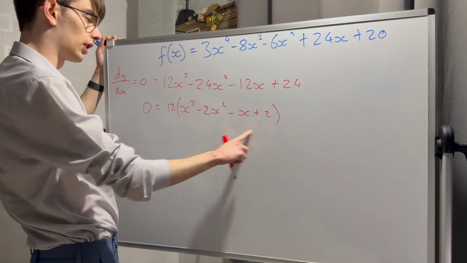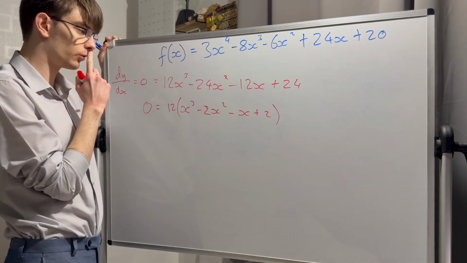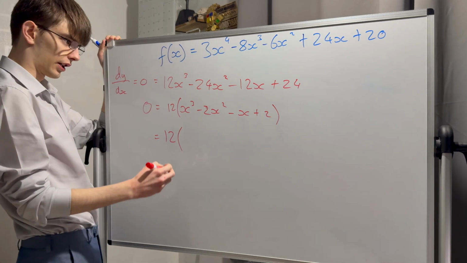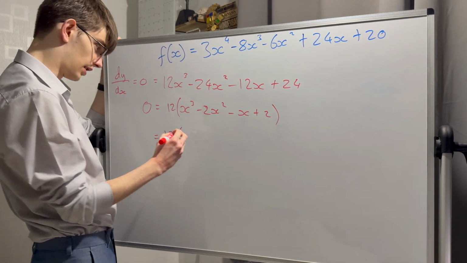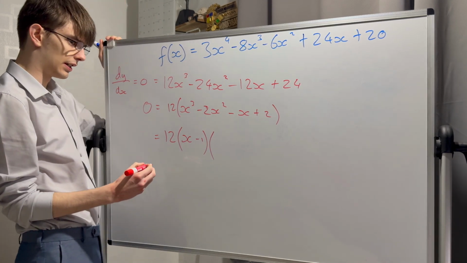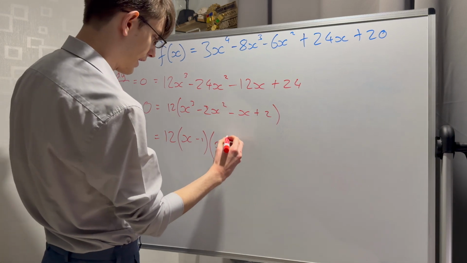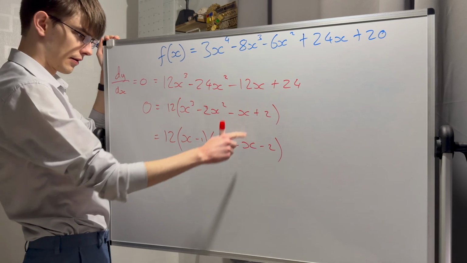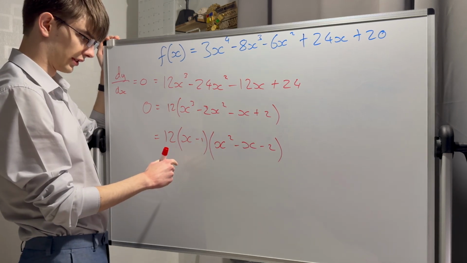From here, I'm looking at how to factor this out. I probably recommend using a calculator, but I think I can factor out an x minus 1, and then that will give me x squared minus x minus 2. I probably shouldn't be doing this live.